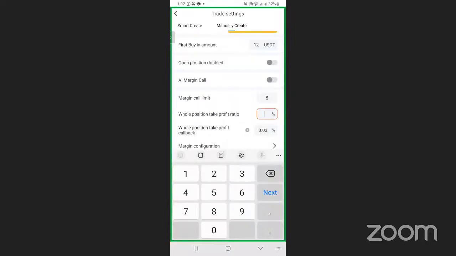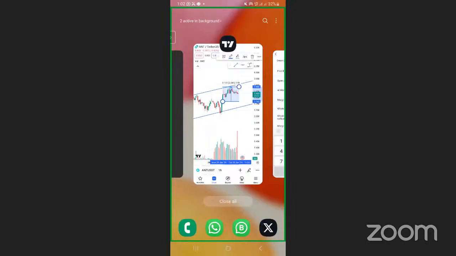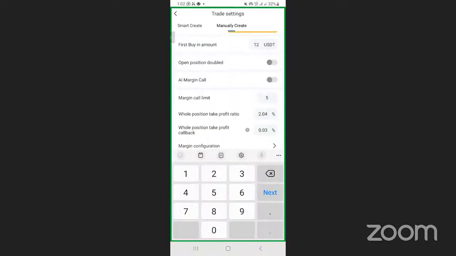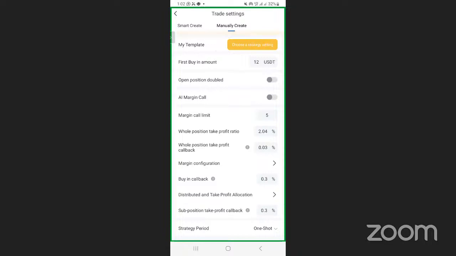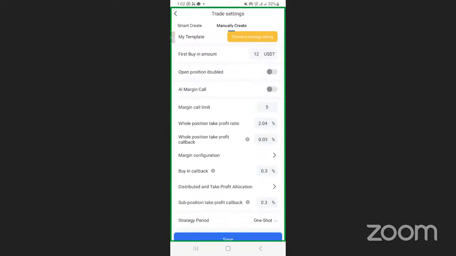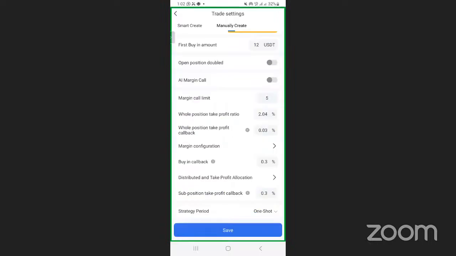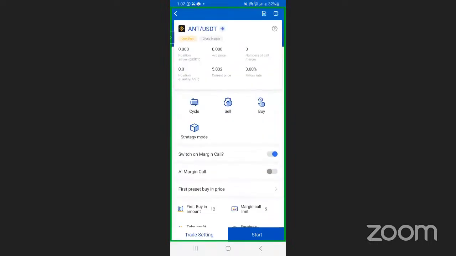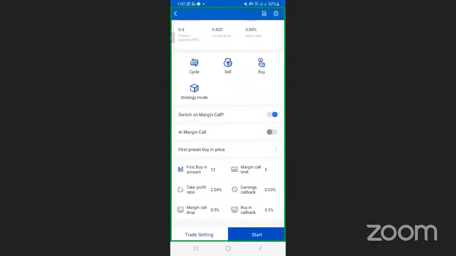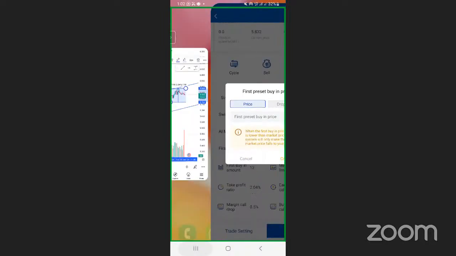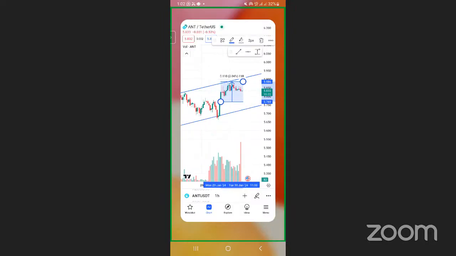So you put 2.04, according to what you have measured there. Then margin configuration, all that, you leave it, because depending on what you have said. Then you say save.